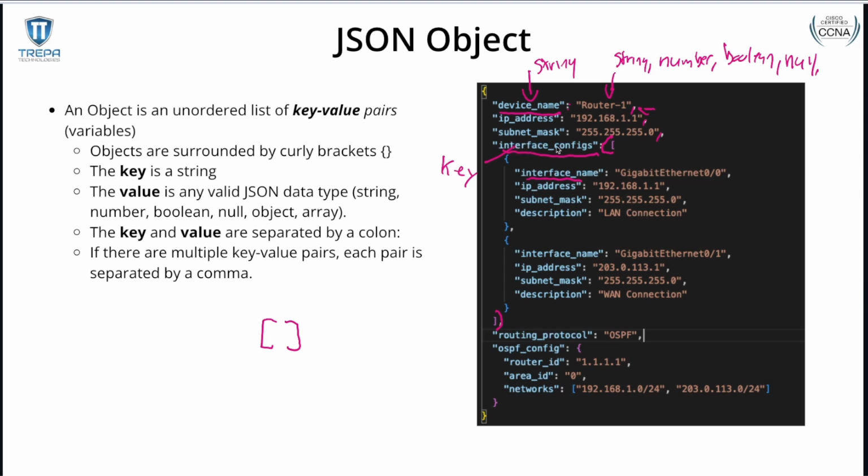So this key here, interface underscore config, its value is a what? It's actually an array. And within that array, we have two more dictionaries or two JSON objects that each have 4 key value pairs.